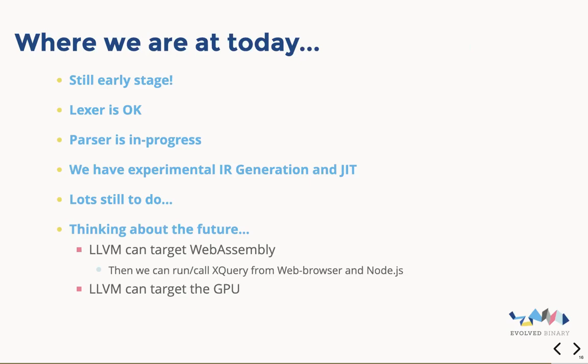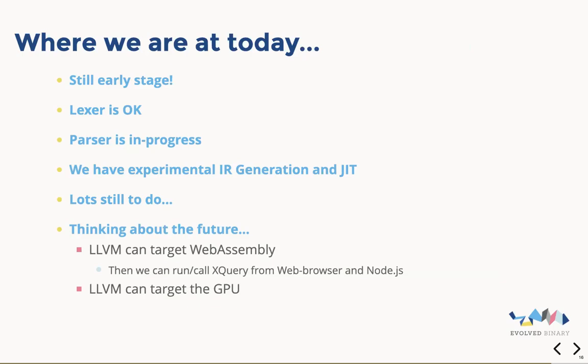And thinking about the future, LLVM has some interesting properties. So for example, one of its targets is WebAssembly. So anything that you can compile with LLVM, like C, C++, Rust, or maybe even XQuery, you could target WebAssembly. Which maybe means that we could then run or call XQuery from web browsers and Node.js.